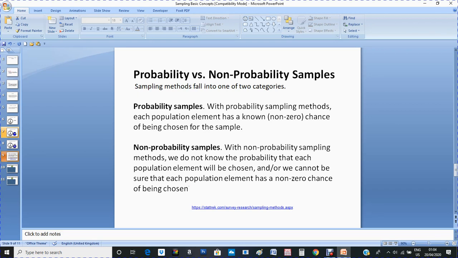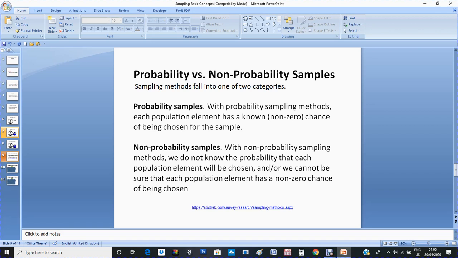Now we have the other category, which is non-probability samples. With non-probability sampling methods, we don't know the probability that each population element or member will be chosen, or we cannot be sure that each element has a non-zero chance of being chosen.